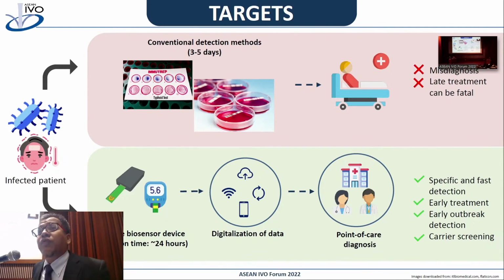So what is our target for our project? We utilize an electrochemical sensing platform to convert the data from qualitative to quantitative, as a current signal, and make the system digital, so it can be integrated with IoT, enabling an IoT system. Based on that, we hope for more specific and faster detection, so there can be earlier treatment. We can know where the outbreak is, so action can be faster.